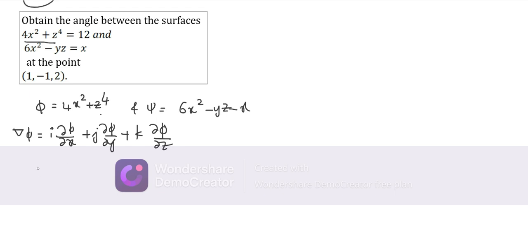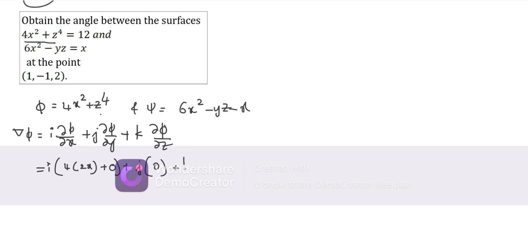Right? So this is equal to i into, we have to differentiate phi with respect to x, so y and z are constant here. 4 is constant, the differentiation of x square is 2x, and z power 4 is constant, so its differentiation with respect to x is 0. Plus j into, we differentiate phi with respect to y, so x and z are constant, so the differentiation of x square and z power 4 are 0.